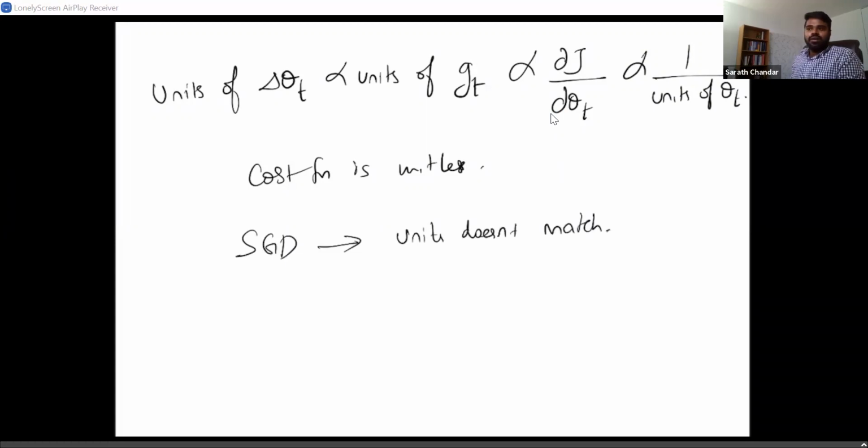Now can you think about momentum and tell me if the units match or not? Any answers? Does the unit match in momentum?